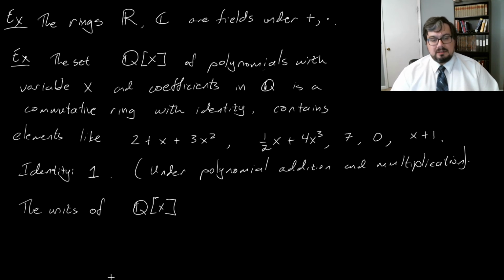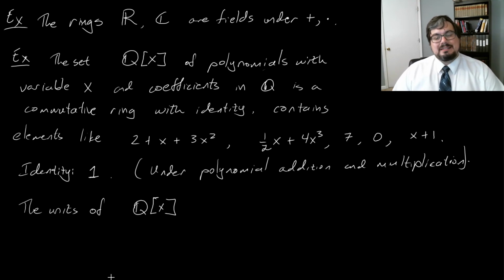Now, if we think about this a little bit, we can see that if we take a couple of polynomials, or even if just one of the polynomials we multiply has positive degree, then the result will have positive degree. Because you find the degree of a product by adding the degrees of the polynomials that you started with.